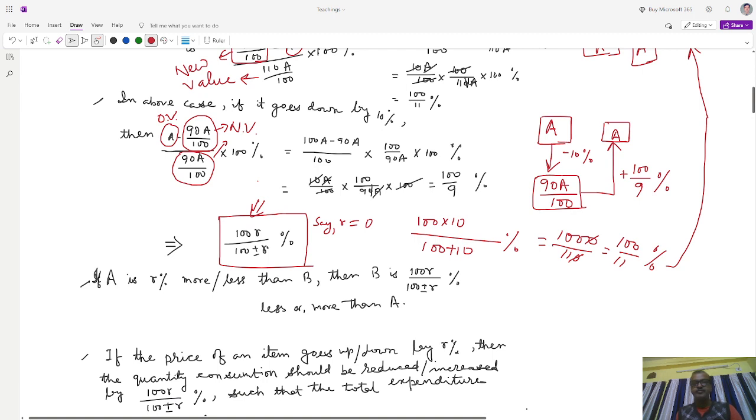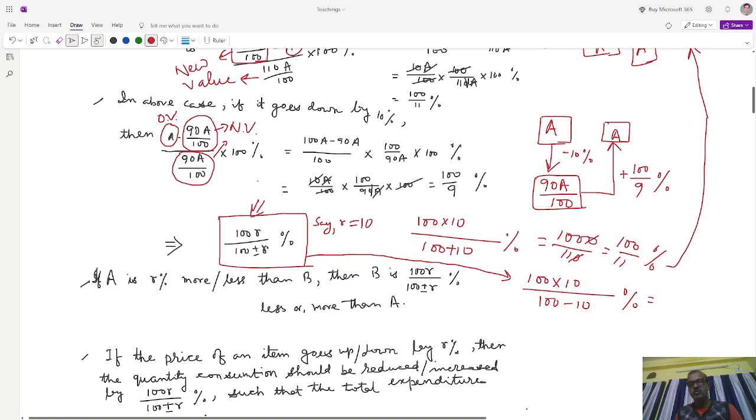If we put R as the decrease value in percent, then what will we get? 100 into 10, in case of 10% decrease, 100 minus 10%.